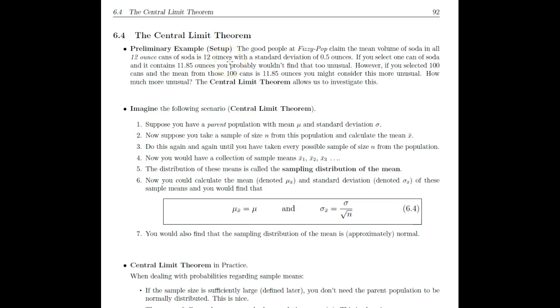It's a 12-ounce can of soda with a standard deviation of 0.5 ounces. If you select one can of soda and it contains 11.85 ounces, you probably wouldn't find that too unusual, right? It's not going to be exactly 12.00 ounces in every can. The machines are prone to a little bit of error, so maybe you have a little less, maybe a little more.